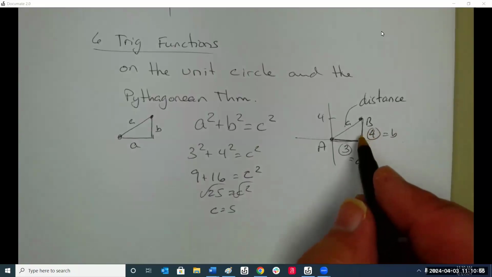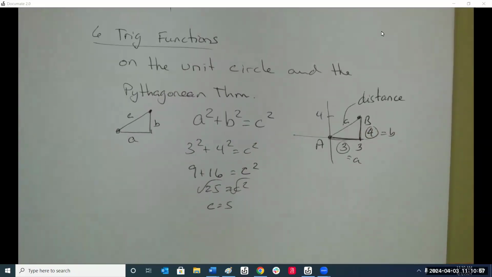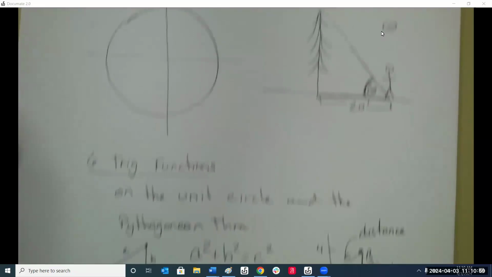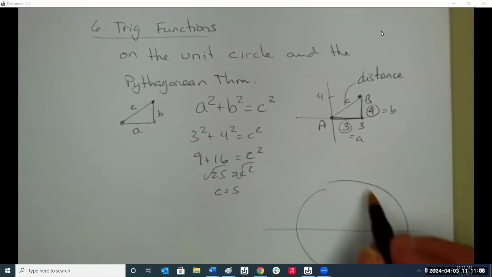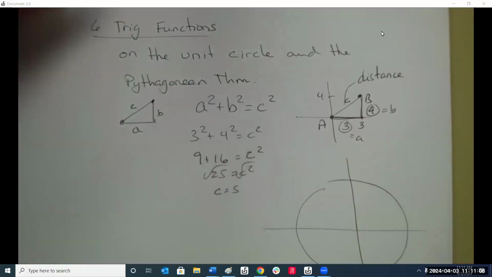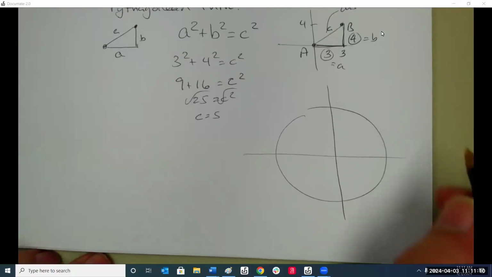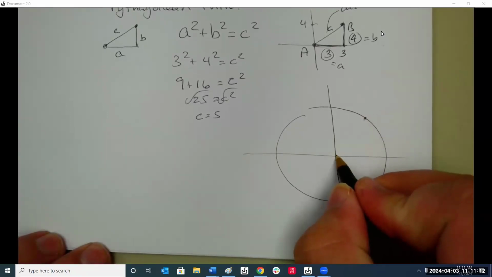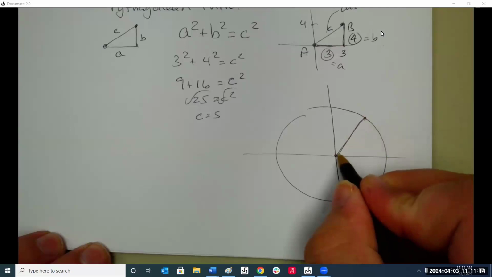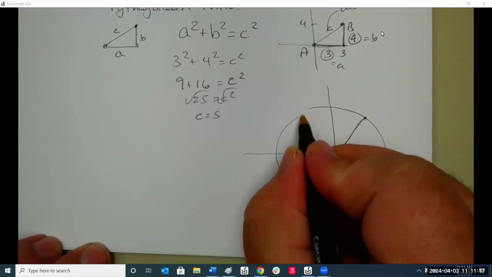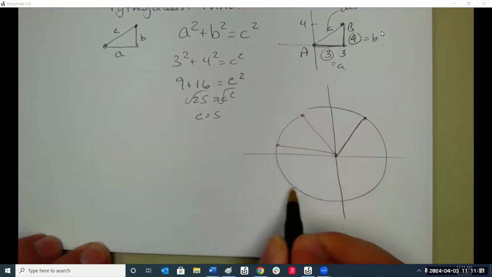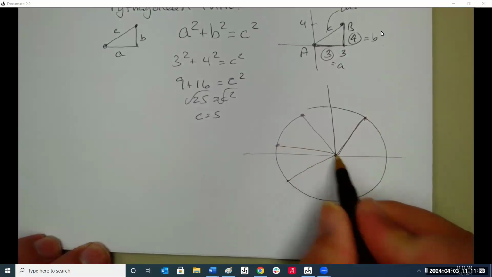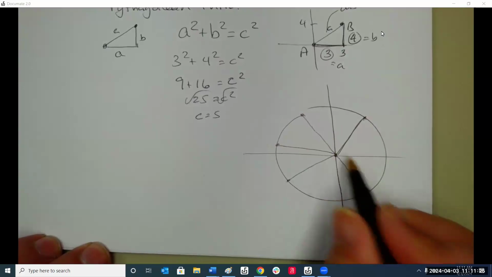From that moment, we can now define a circle. How is a circle defined? An infinite number of points that are all equidistant from a central point, from a central location. All of these points on this circle are all the same distance from that center point.